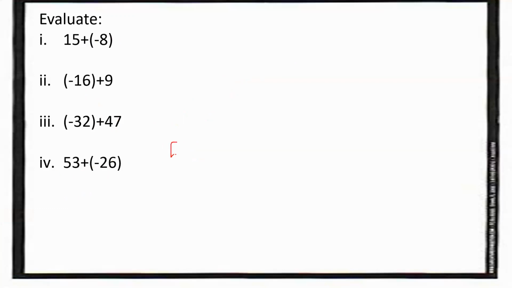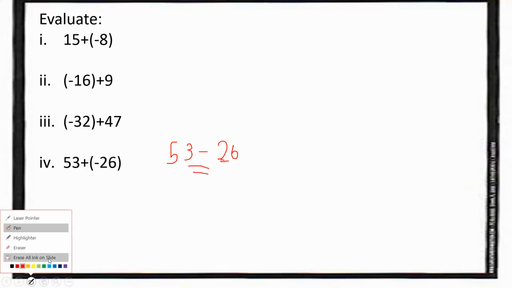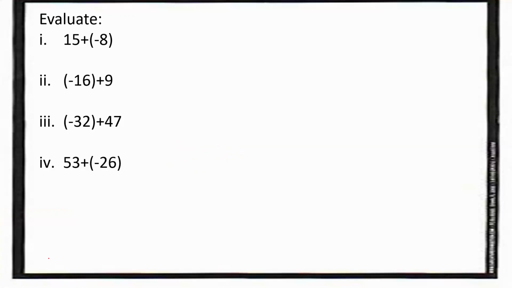They will convert this plus into minus because they are very near. This will be simple subtraction. 53 minus 26 will give you 27, right? I think it will give you 17 or maybe 27.